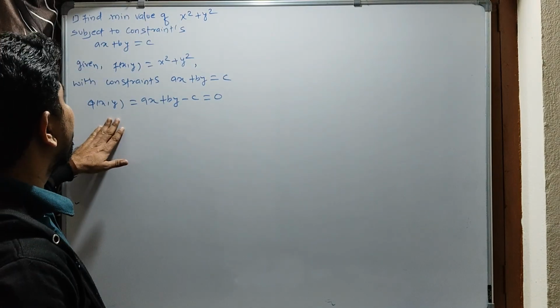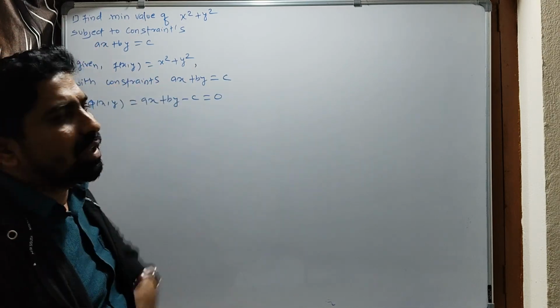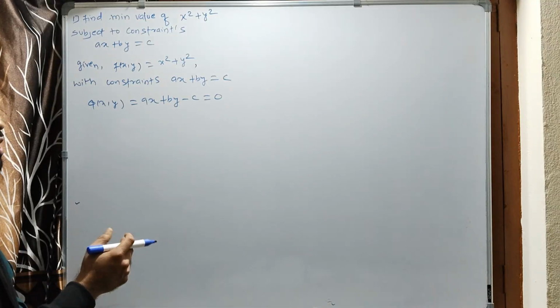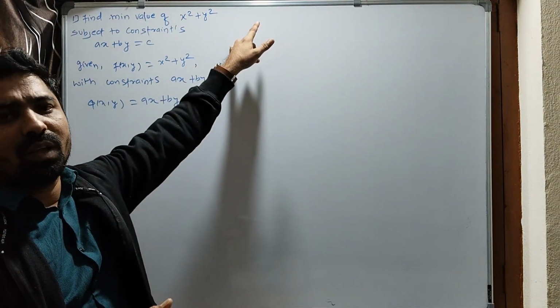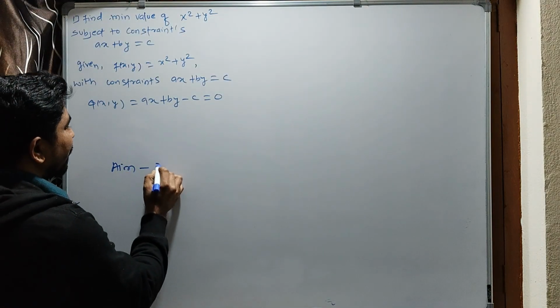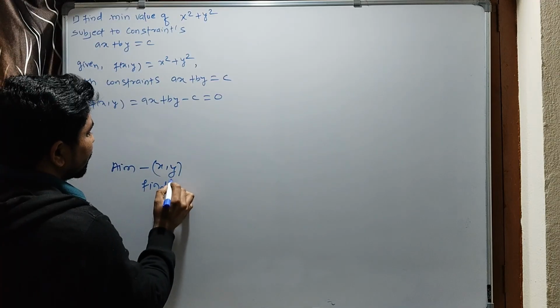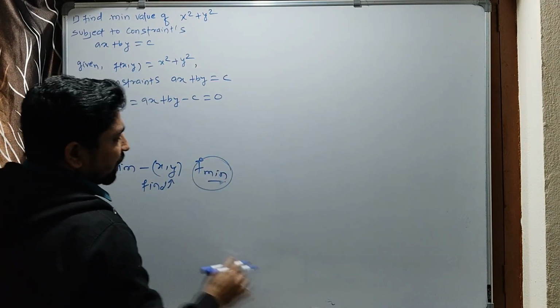This is my constraint phi of x comma y, and this is my objective function f of x comma y equal to x square plus y square. Now I want to find the values of x, y such that my function is minimum. This is my aim.